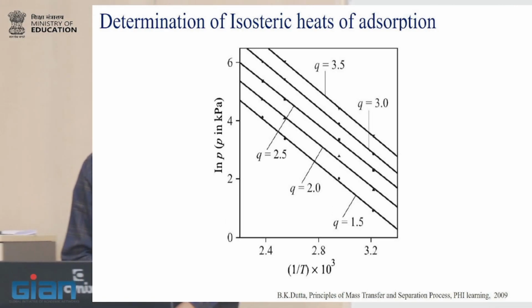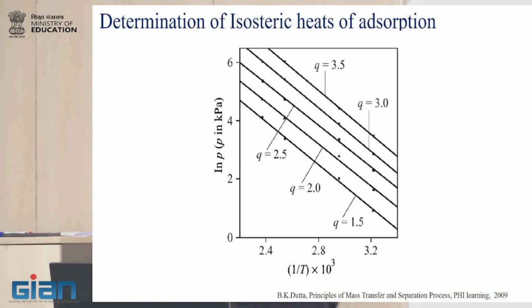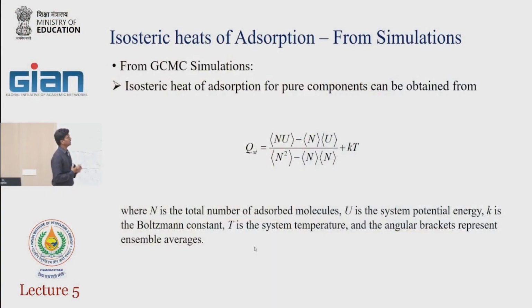Okay. So how will we do the same thing from the simulations? We use the fluctuation formula. What you see here is that the brackets talk about the ensemble average. It means that we take different ensembles, that means different configurations of the same structure, and then calculate. So this N is the number of molecules in the system.